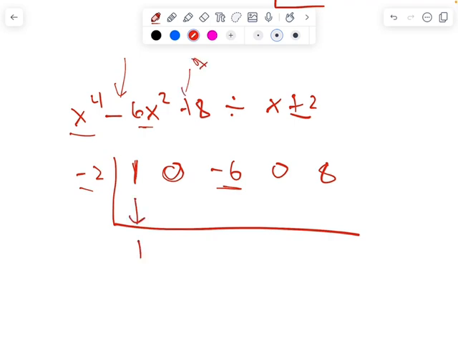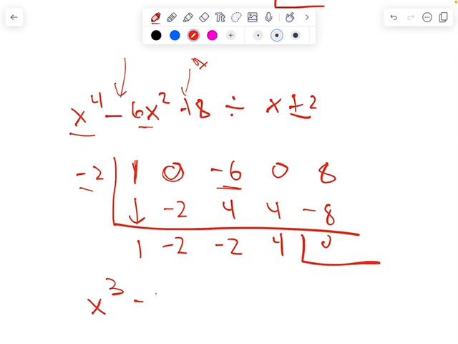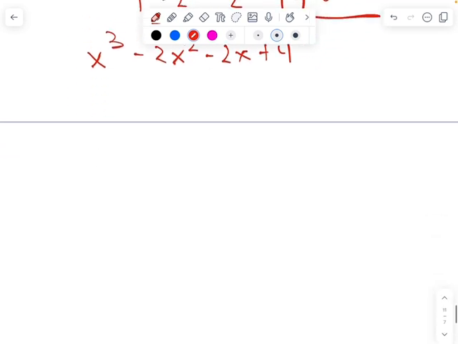So we're going to bring that down. We're going to multiply, add, and repeat. And it does go into it evenly, and the resulting polynomial is x to the third minus 2x squared minus 2x plus 4. Okay, we're going to talk about end behavior now.